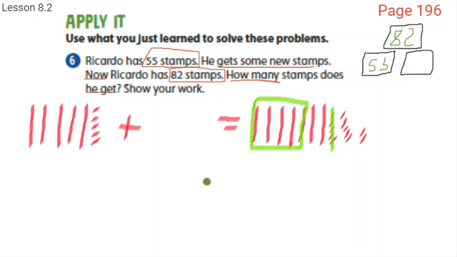What do I have left? Well, let's count how many tens. 1, 2. How many ones? 1, 2, 3, 4, 5, 6, 7. Oh.